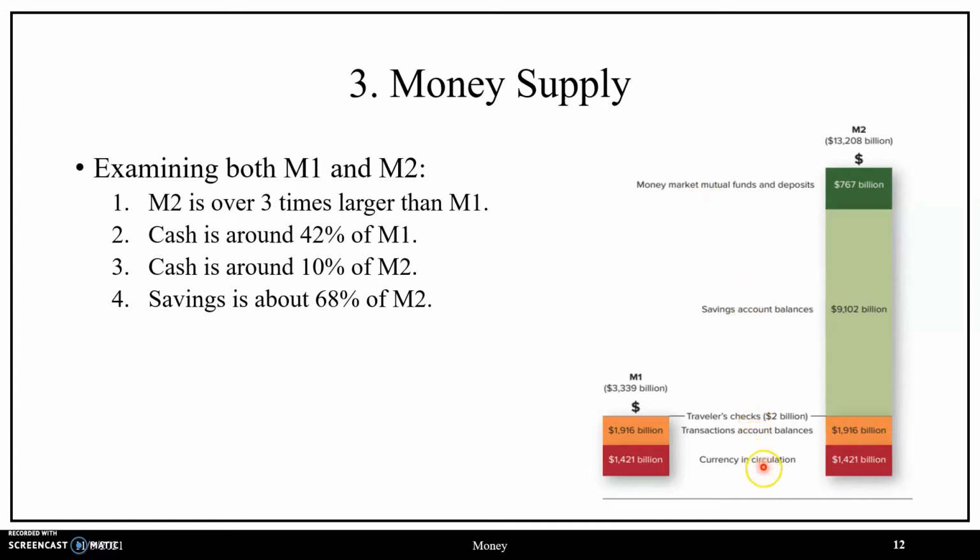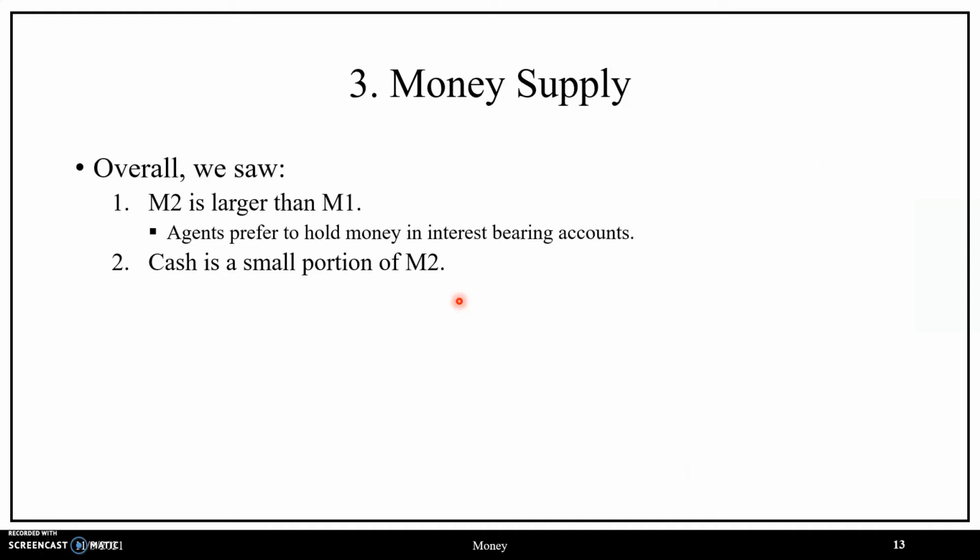Overall, what we see is that currency in circulation, although it made up about half of the M1 money supply, makes up a very small component of the M2 money supply. So with this in mind, M2 is about 3 times larger than M1, where cash is around 42% of the M1 money supply, cash is around 10% of the M2 money supply, and savings is overall about 68% of the M2 money supply.